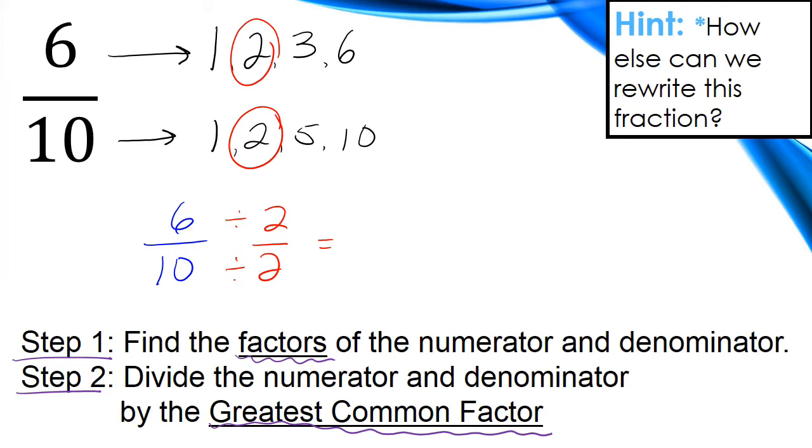And that comes out to 6 divided by 2 is 3, 10 divided by 2 is 5. And so we've simplified the fraction. 6/10 all the way down in its simplest form is 3/5.